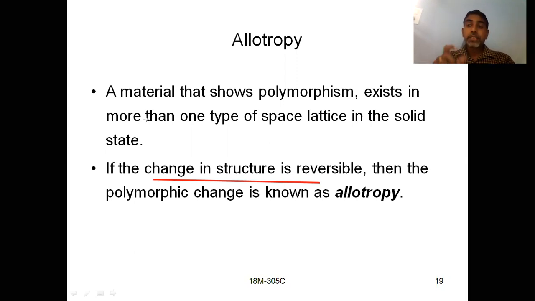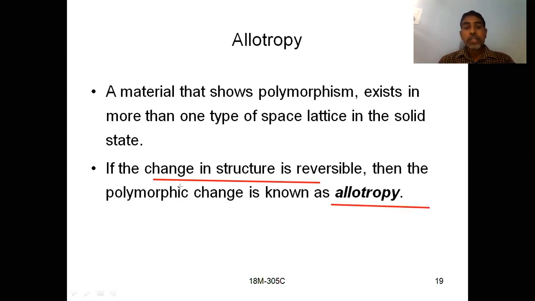If this polymorphism is reversible, that means when you come from A to B you are getting different phases, different crystal structures, and it is reversible. When you heat from B to A, it is possible in the reverse direction also. Then that phenomenon is known as allotropy.